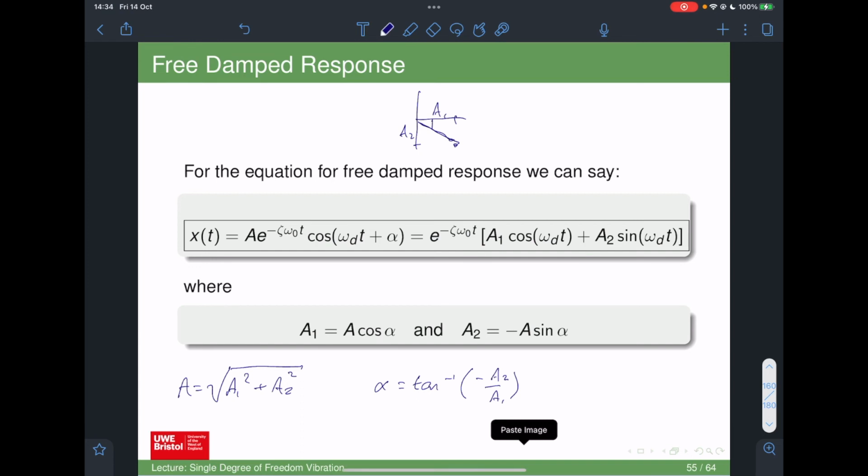That's how to get the alpha. So to go from this way to this way, you take your A1 and A2 terms and you pop them in these equations, and you'll get A and alpha. The reason why I'm telling you this now is that when we do the example, we'll be using these equations. So I shall copy them and paste them on the slide.